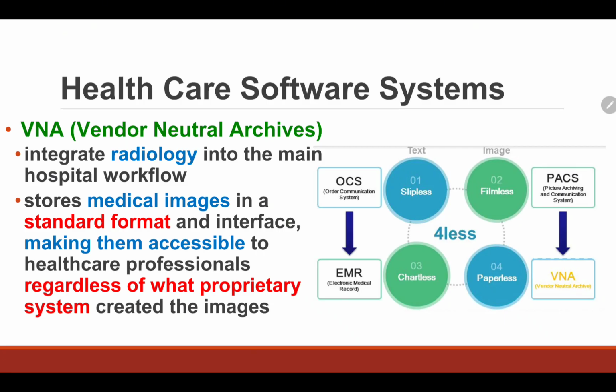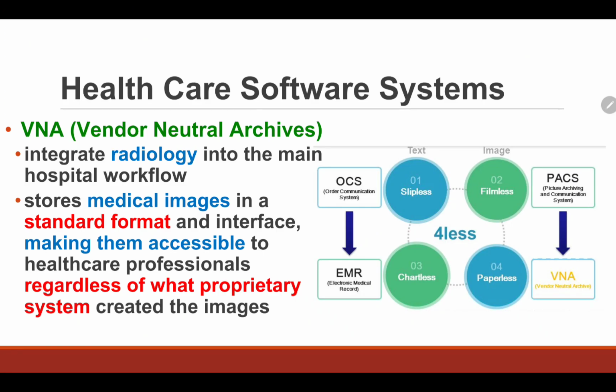For example, let me give you an analogy. Have you tried taking a picture from an iPhone and then an Android? The iPhone uses the HEIC format. Sometimes when a picture from an iPhone is put on a laptop, it cannot be viewed because the format is not supported. It is not standardized.